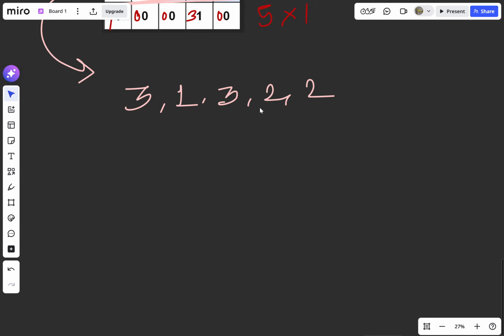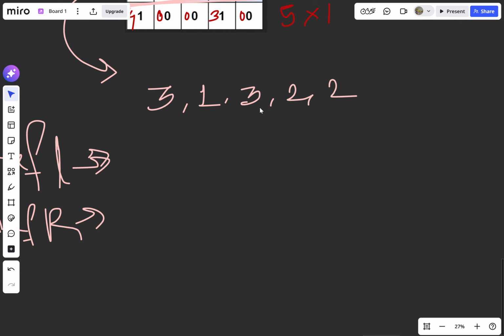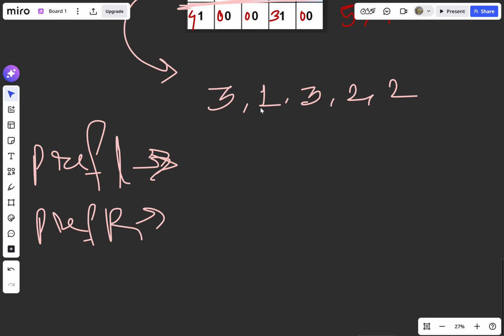It's quite a long question. Prefix left stores which left index has a height greater than or equal to the current index.